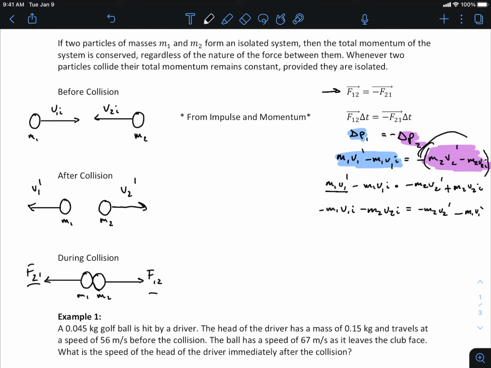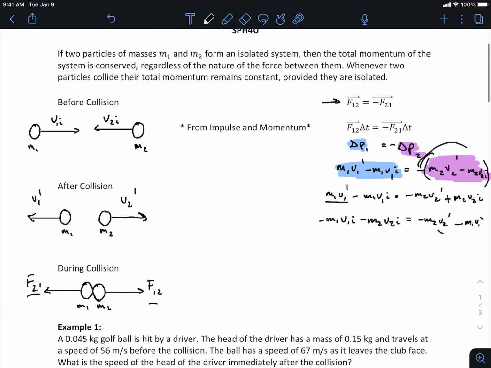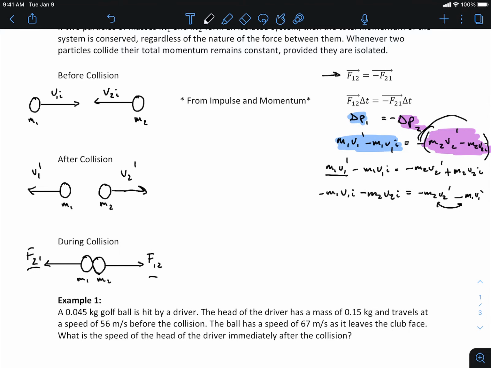I'm going to reorder it after, and flip these around just to keep it consistent, left side versus right side. So I factor out the negative and get negative M1 V1 initial, the initial momentum of particle 1, and then I add, because I factored out the negatives, M2 V2 initial.